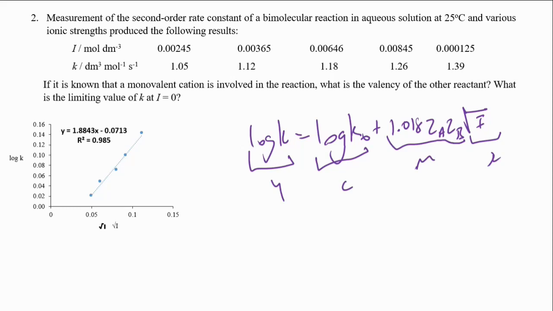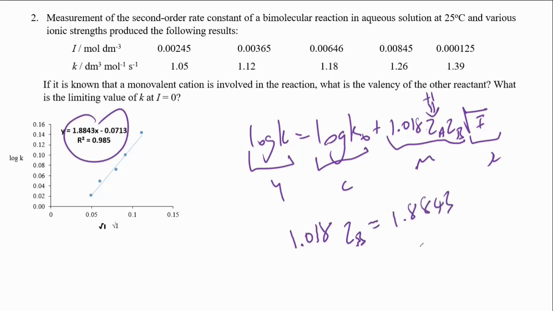We're asked to figure out the charge of the other ion, and we were told that one of them is a monovalent cation. So if we choose the known to be ZA, which is +1, then I can take from the equation that 1.018 ZB is equal to 1.8843.